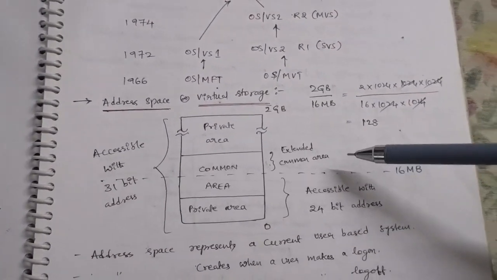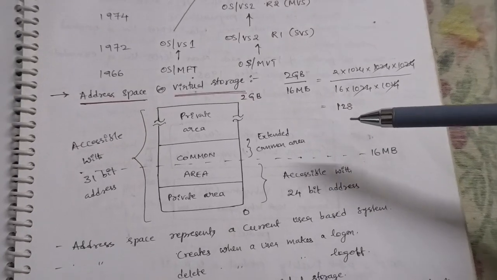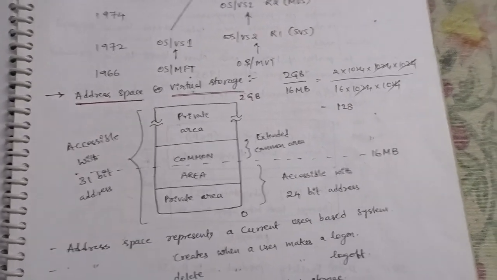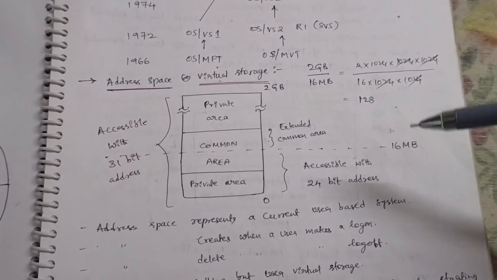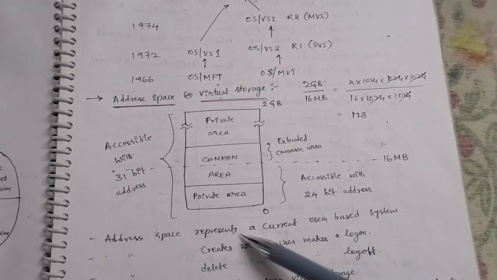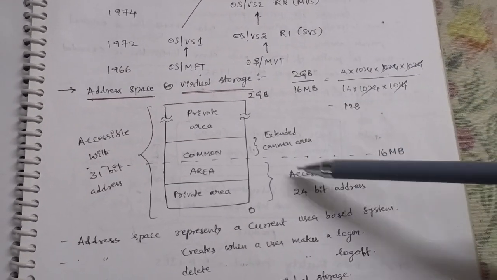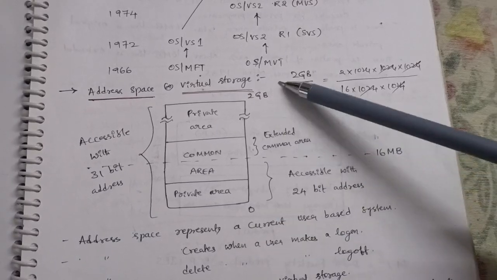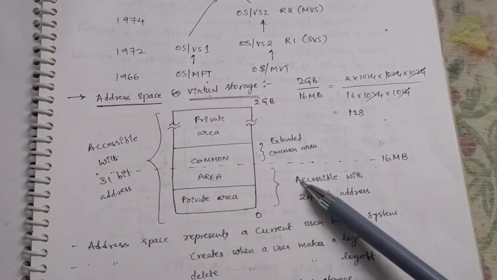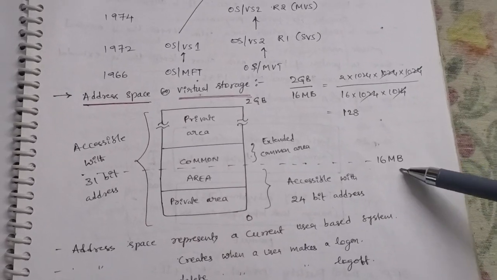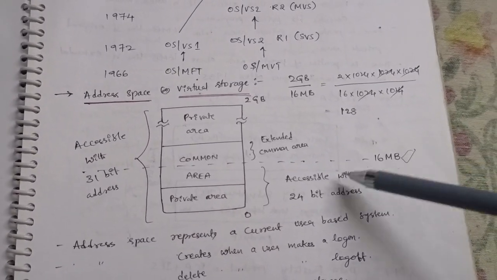What is meant by address space? Generally the mainframe system has 31-bit, 24-bit address. What does 24-bit address mean? See, in the virtual machine we can see a private area and the common area. It is accessible till the extended 24-bit address, that is the 16 MB line.